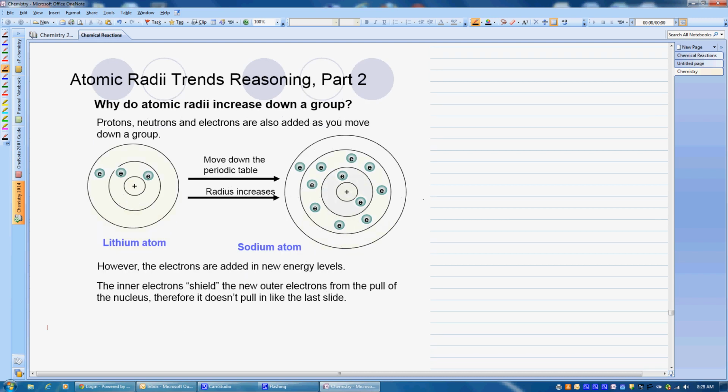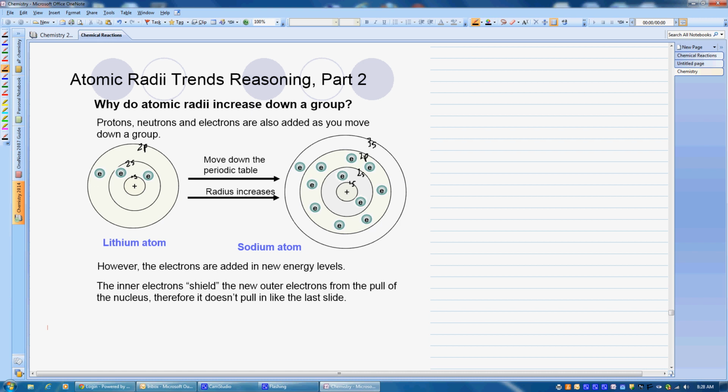Going down, we're adding shells. If this is 1s, this is 2s, this is 2p, we keep adding these levels. If this is lithium, over here we've got our 1s, 2s, 2p, 3s, etc. Those continue to add as we go down, so there are more and more energy levels.